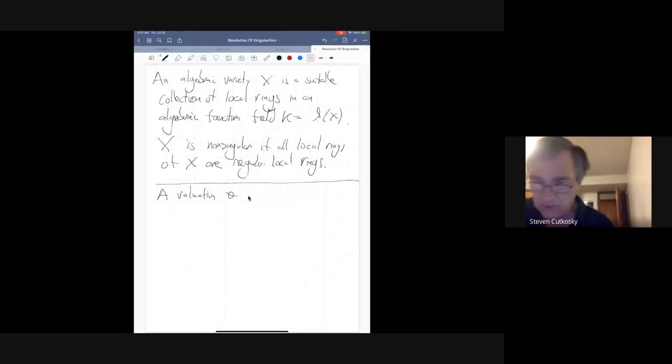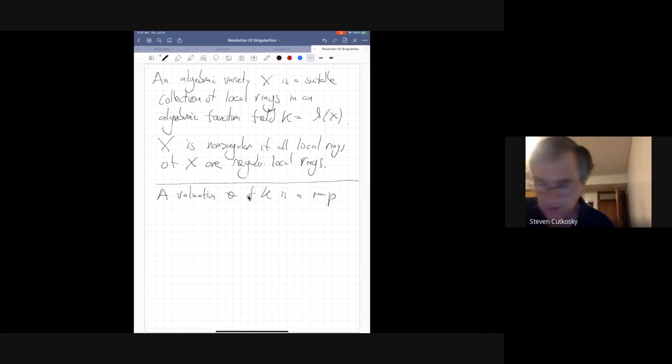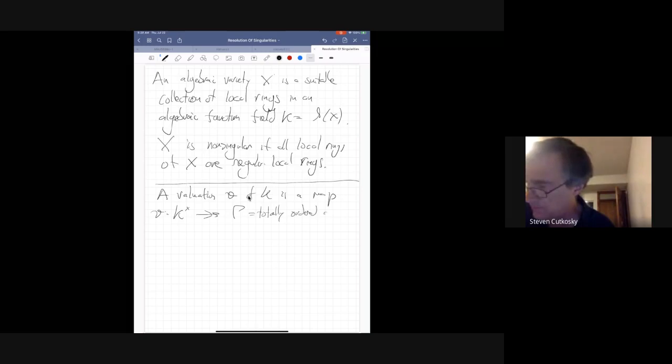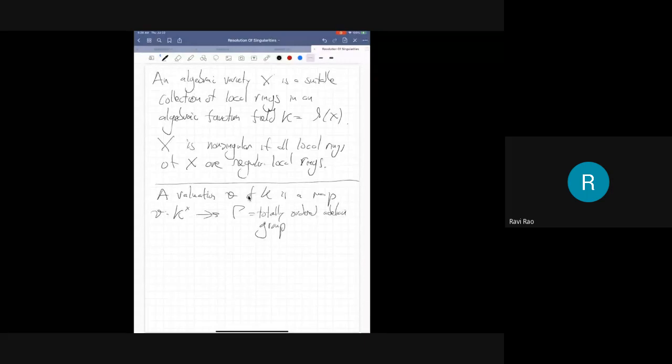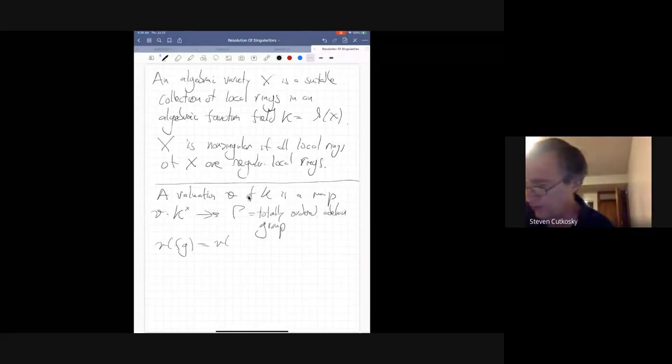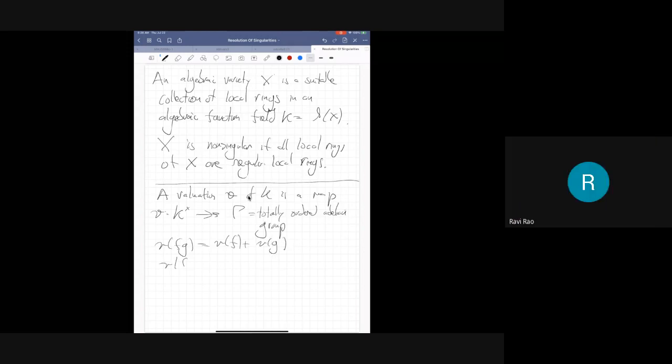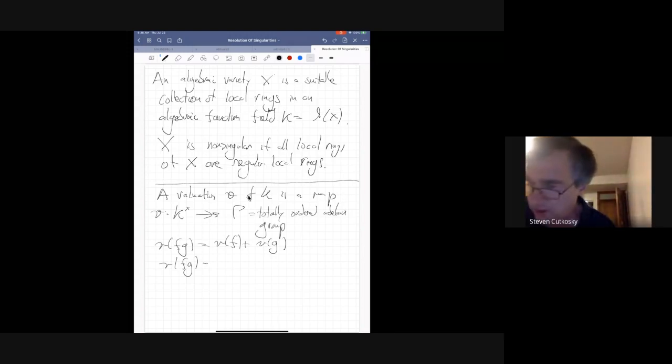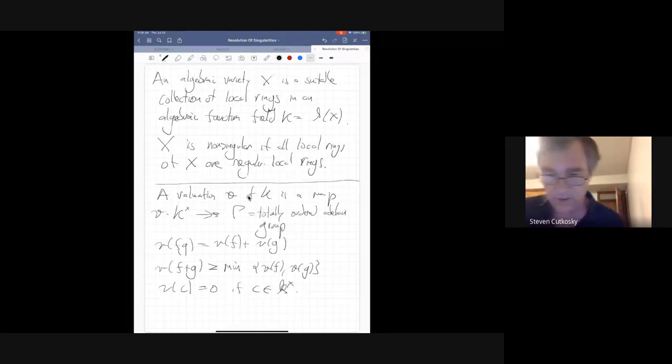Okay, so a valuation ν of K is a map ν from K minus 0, the multiplicative group of the field, onto a totally ordered abelian group, where ν(fg) = ν(f) + ν(g), ν(f+g) is greater than or equal to the minimum of ν(f), ν(g), and ν(c) is equal to 0, for c an element of K*, the non-zero elements of the ground field k.